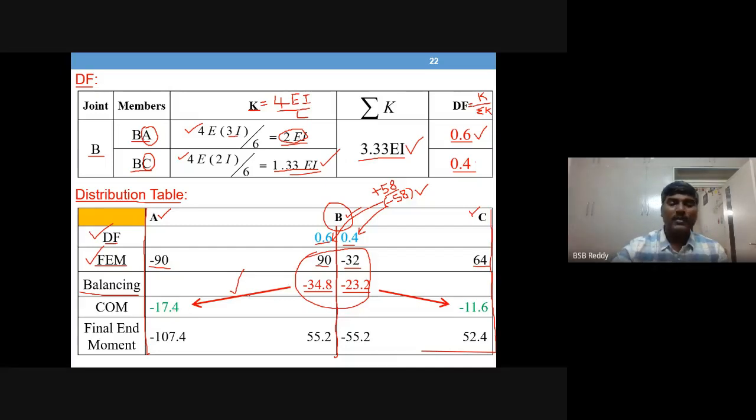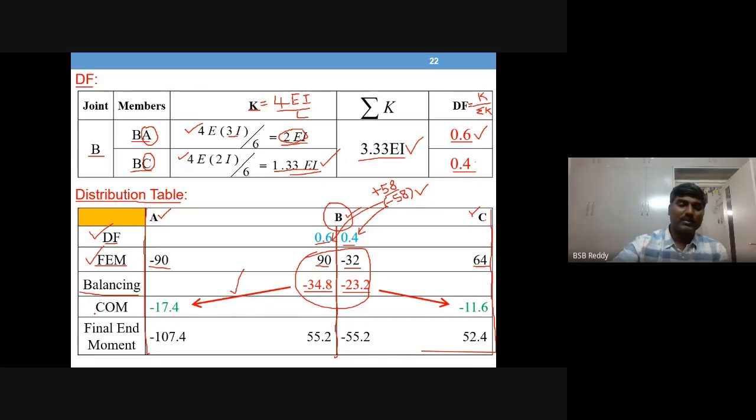So half of this value is carried. What is half of this one? Minus 17.4. In the same way, minus 23.2 is applied at B for BC, and C is the far end, which is fixed. So half the value should be taken to it: minus 11.6 to C. Got it?